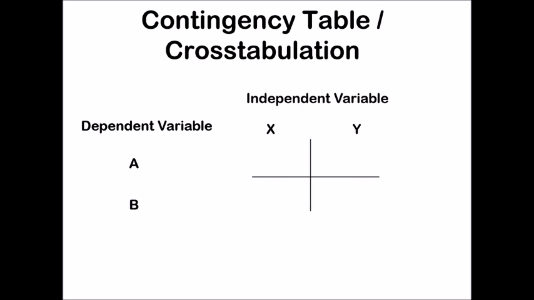And then we have, in the middle here, a crude, if you will, frame in which we're going to plug in our numbers. But remember, the first task is to determine which variable is the independent and which variable is the dependent. Typically, the independent variable we place in the column. The dependent variable is in the row.